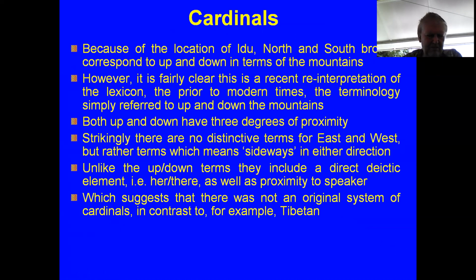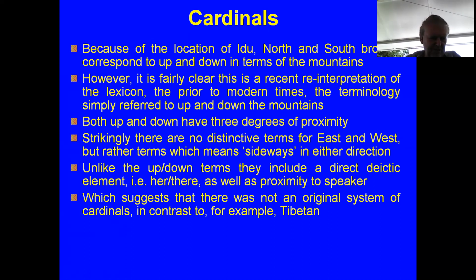Okay, if you remember where the Edo people are, then north and south broadly correspond to up and down in terms of the mountains. Now, it's fairly clear that this is a recent reinterpretation of the lexicon, that prior to modern times, the terminology simply referred to up and down the mountains.